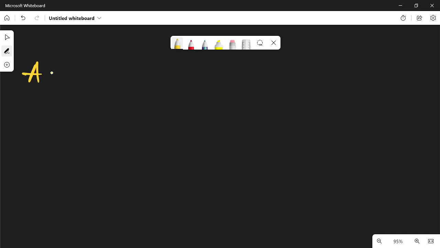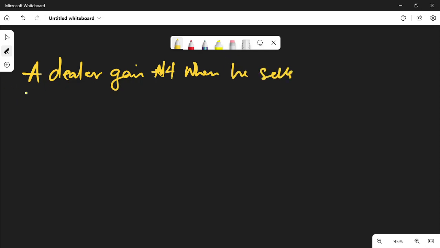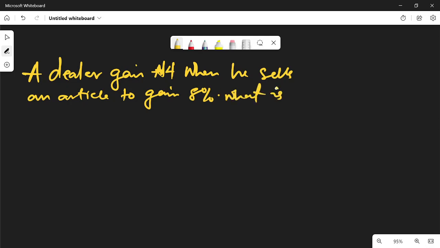We are told that a dealer gain 4 naira when he sells an article to gain 8%.